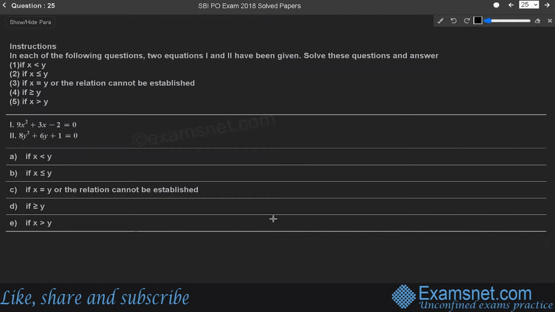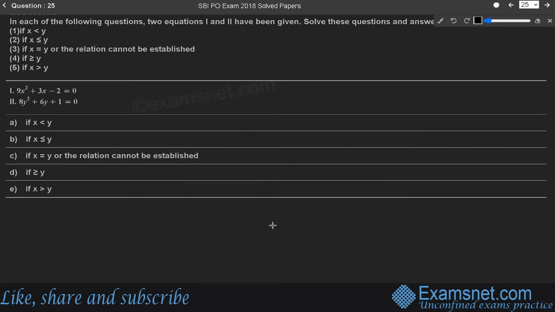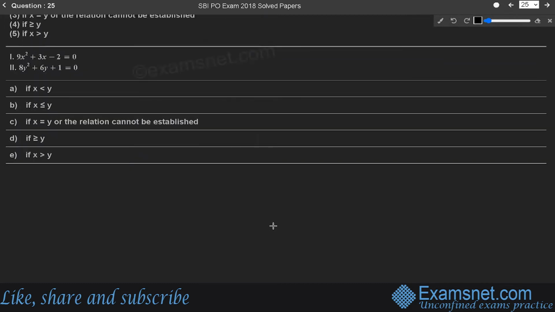Moving on to the next question, it also has the same directions. So here the statement 1 is 9x square plus 3x minus 2 is equal to 0. This can be written as 9x square plus 6x minus 3x minus 2 is equal to 0.